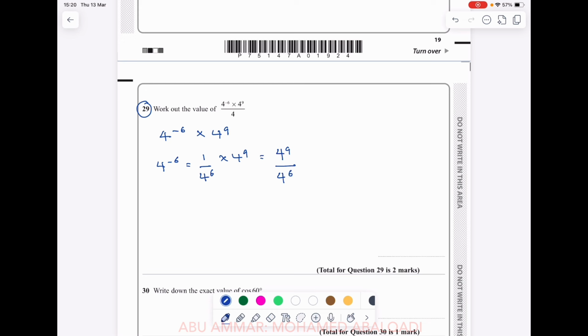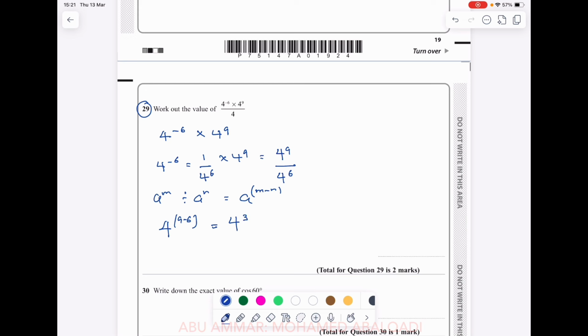So we know from the laws of indices, a to the power of m divided by a to the power of n is equal to a to the power of m minus n. So in this case, 4 to the power of 9 divided by 4 to the power of 6 is 4 to the power of 9 minus 6. So this will be 4 to the power of 3.